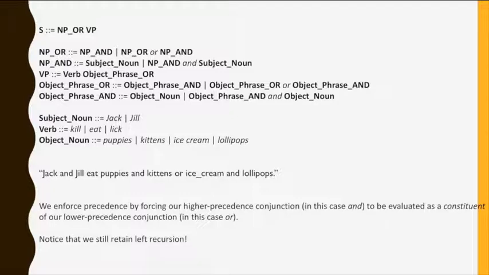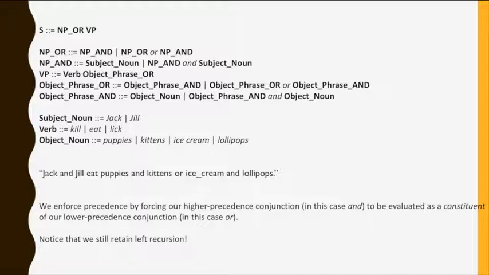And if you see the pattern that's going on here, we're still enforcing left recursion, because if you look at NP or, on the left side of the binary operator or conjunction or, you can see that we recurse into NP or, and we can do that over and over again. But on the right side, we don't recurse, but we go to a new non-terminal NP and.